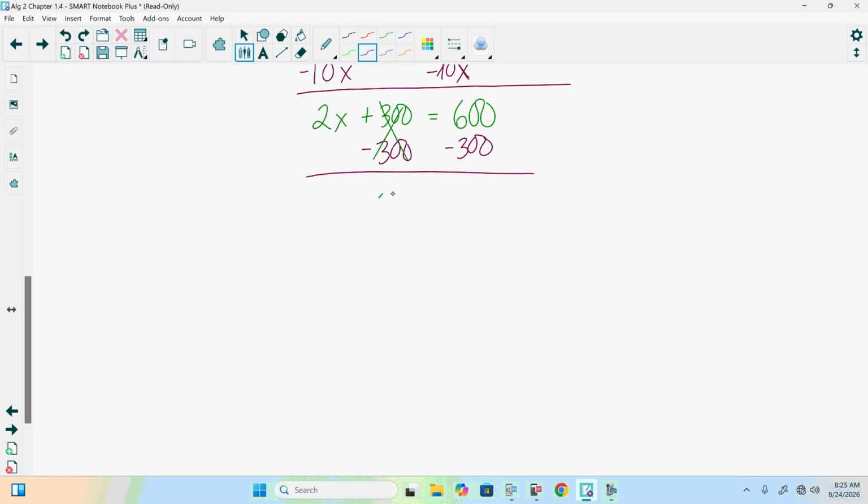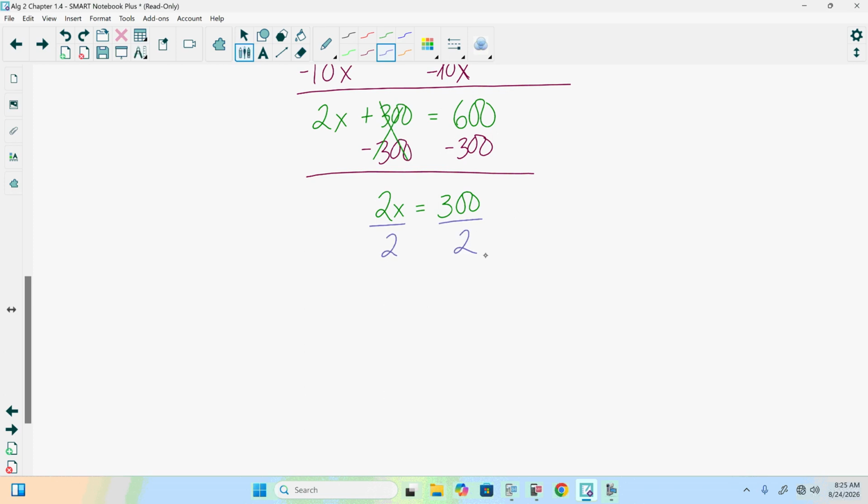The 300 minus 300 would be 0, leaving us with 2x. 600 minus 300, 6 minus 3 is 3, so we have 300. Is x by itself? What do we need to do?